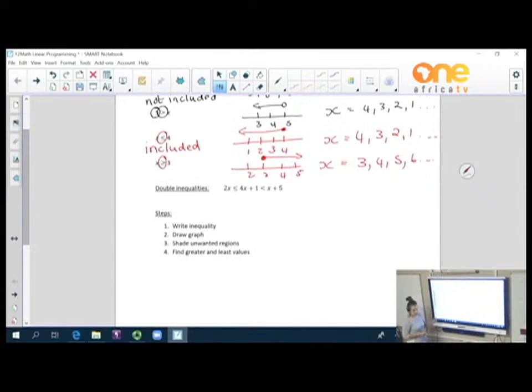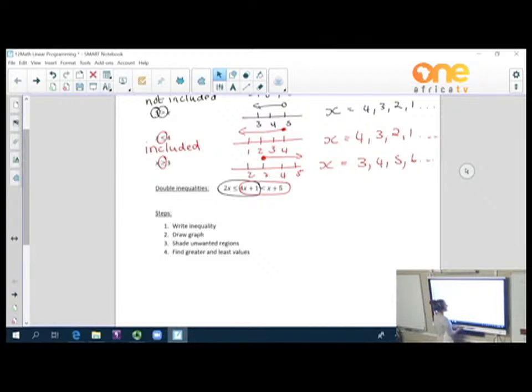Then, just quickly looking at double inequalities, where we have two inequalities in one, what is important that you should remember, you will first need to solve the one inequality and then you will solve the second inequality separately and you will have a range.